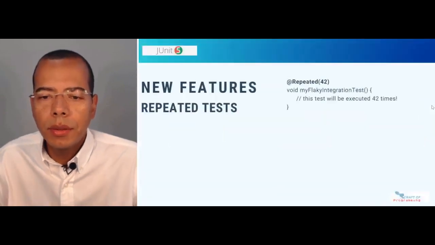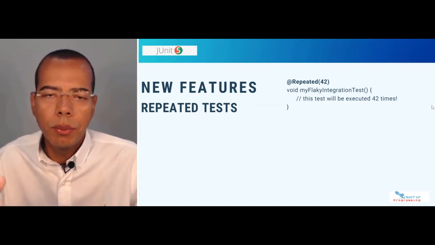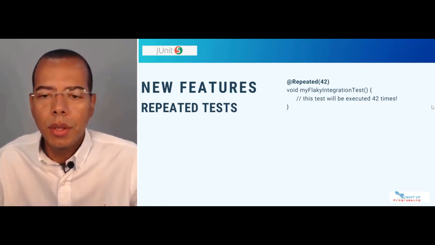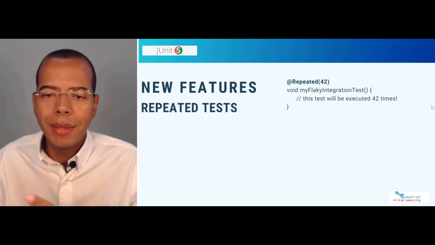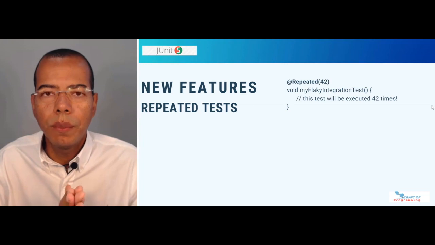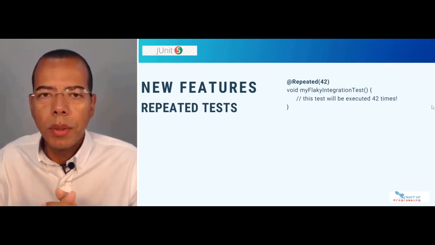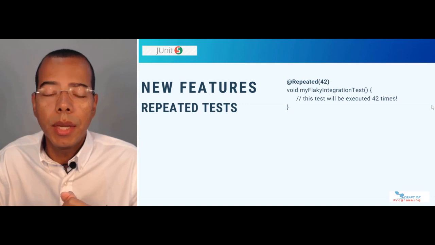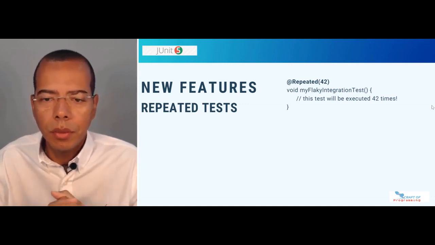Another one is repeated tests. With @RepeatedTest, you pass an integer, which represents the number of times that you're going to run this test. This is useful, for example, if you are running an integration test which may be flaky, and you want to run it n times, in this case 42, to perhaps trigger some kind of problem that only happens after a certain number of runs.